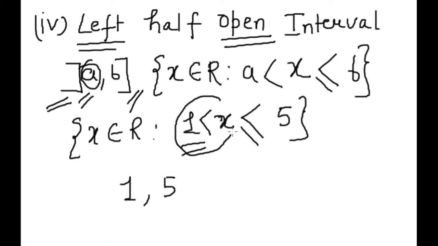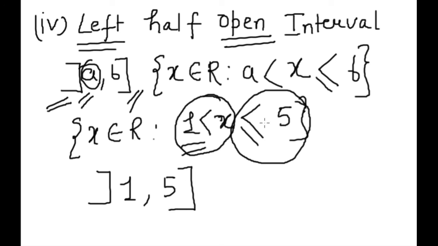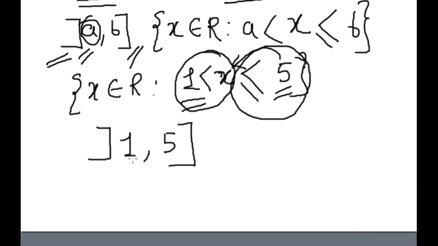Here we can see this is not equal to 1, so this is open, and this is closed because this is equal to 5. When the limit is included with the elements, then it is closed. We can write x is equal to 2, 3, 4, 5 because x is less than or equal to 5. It is including 5.